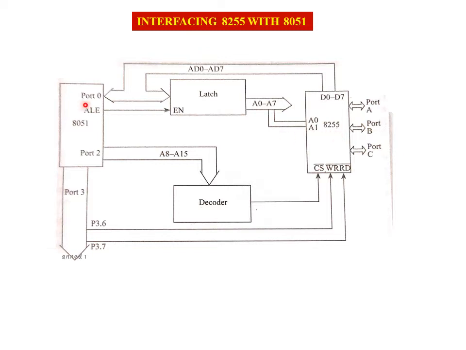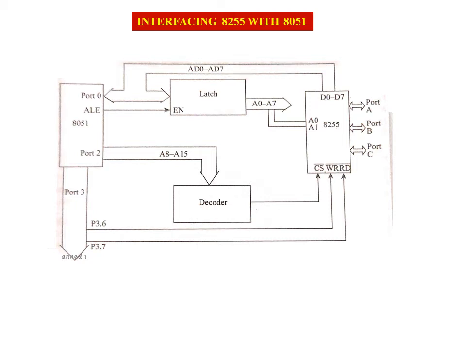Among that, port 0's 8 bits are AD0 to AD7. So this is a multiplexed address bus using the ALE pin. One time through this the addresses are passed and another time through this the data are passed.